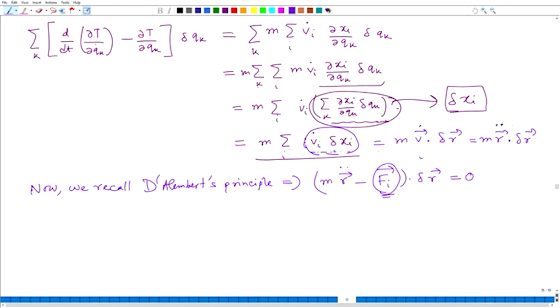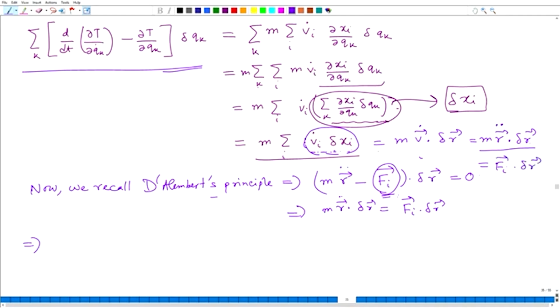Okay. So, the whole expression is equal to m r double dot delta r. From D'Alembert's principle, I know m r double dot delta r is equal to simply f i dot delta r. I will replace it here, and I will have this is equal to f i dot delta r.